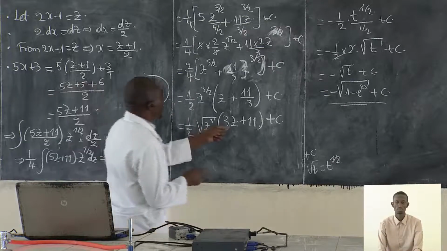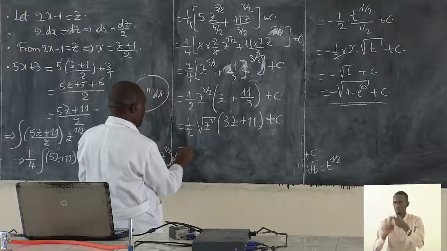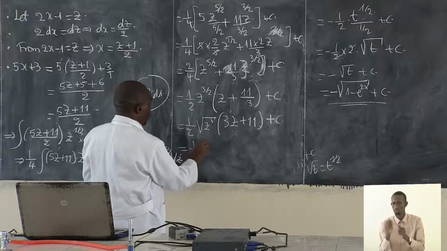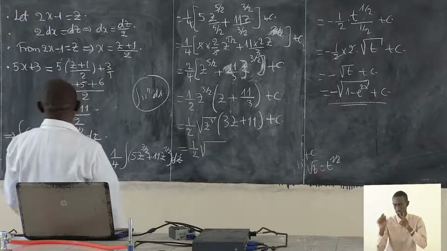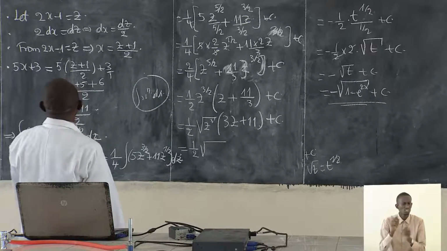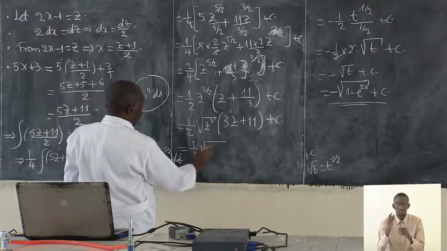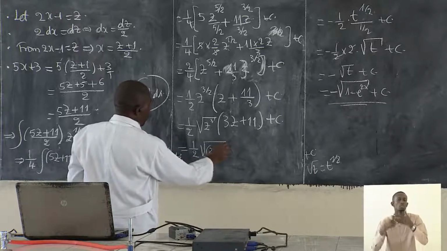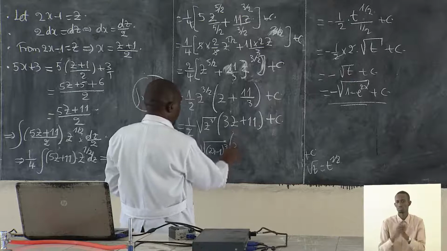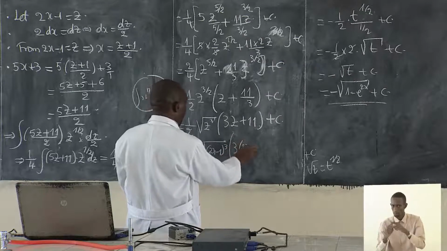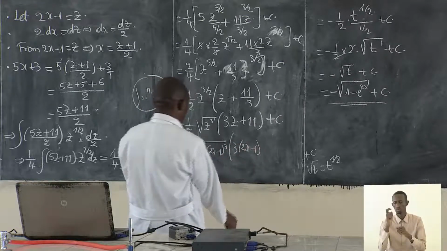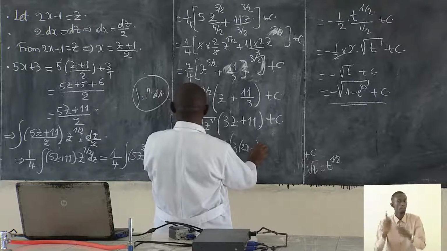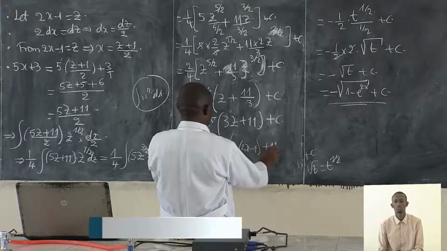Then, replacing z by its value, I'll be having a half square root of z, where is z? It is there, 2x minus 1 power 3, 3 times 2x minus 1 plus 11.